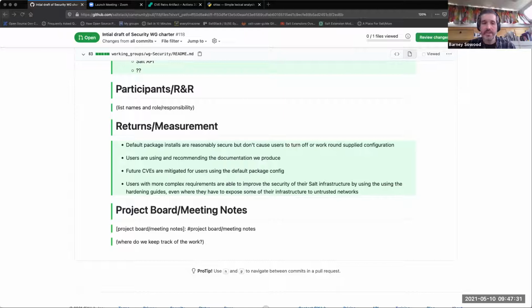Realistically, people need to do some actual useful work. So the goal is that people are actually using our documentation or guides to help them with that, and also potentially other improvements, such as the improvements to transport we were talking about. So yeah, that's it.